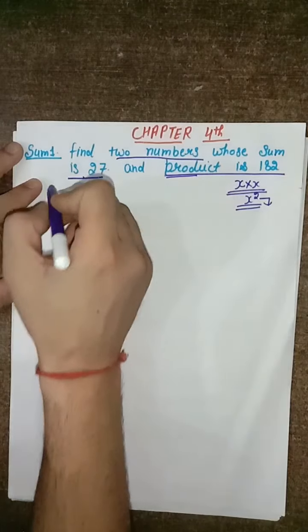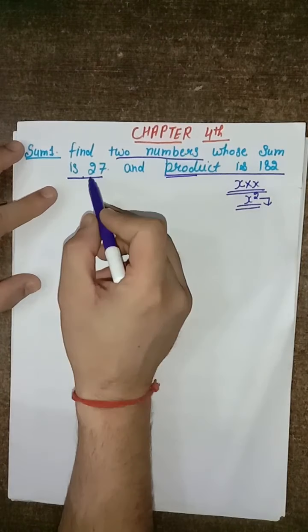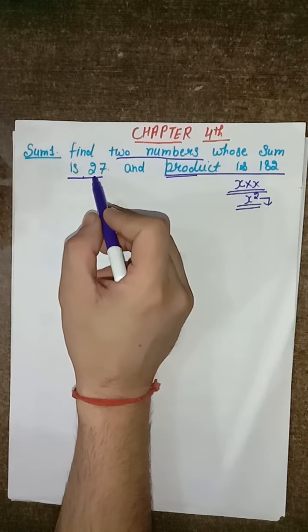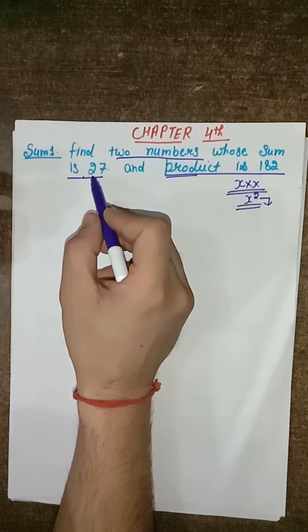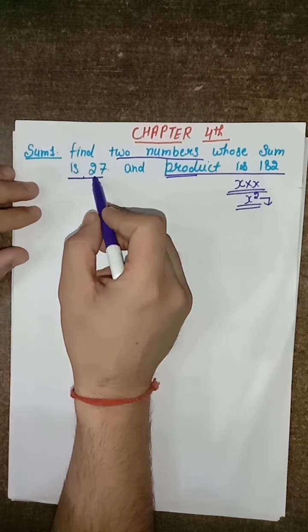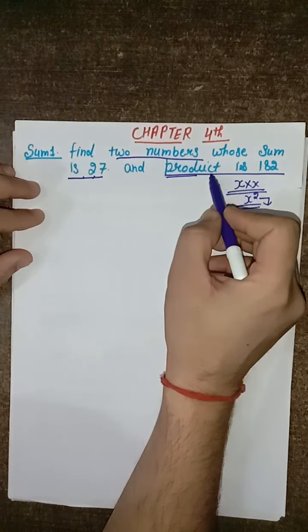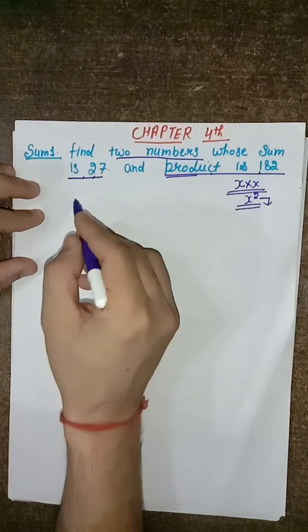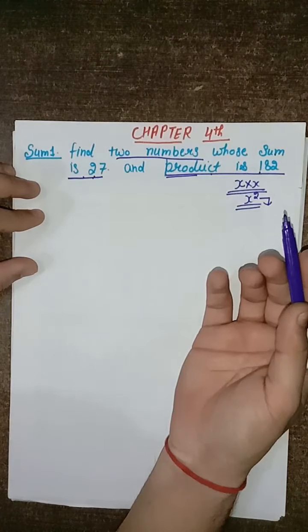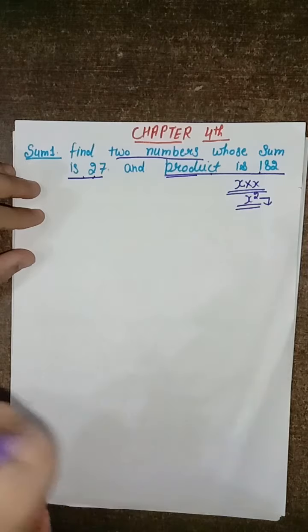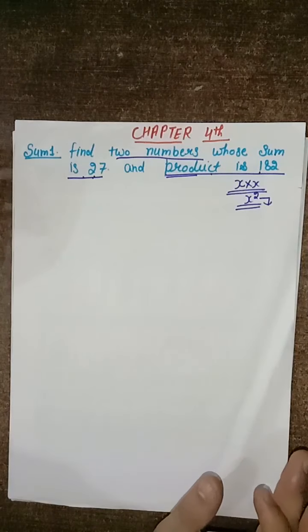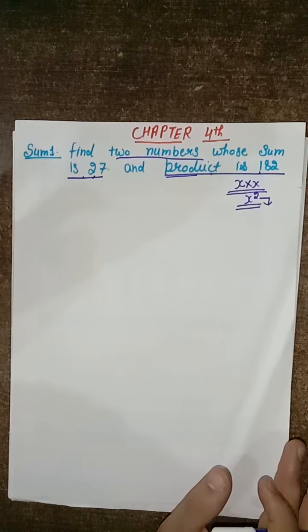If I let my first number be x, then my second number will automatically be 27 minus x, and the product is 182. Means x into 27 minus x will be 182. Here we will form a quadratic equation.